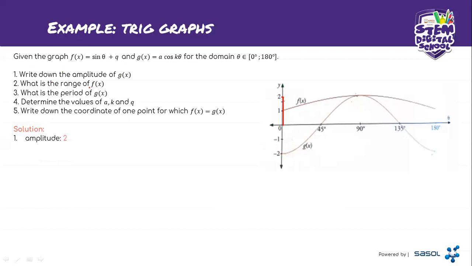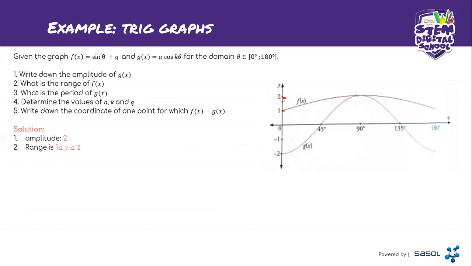What is the range of f? Right, let me just remove this and let us look for the range. Now the range is from this point. You can see it starts here and then it ends here, because that is the turning point.